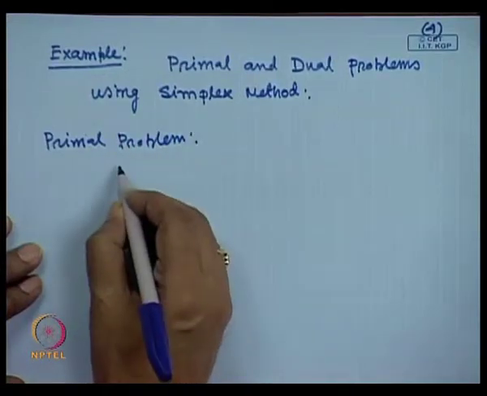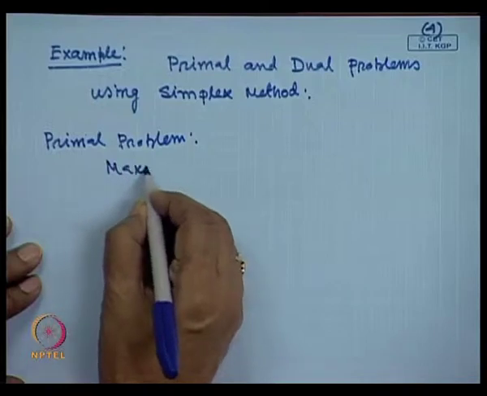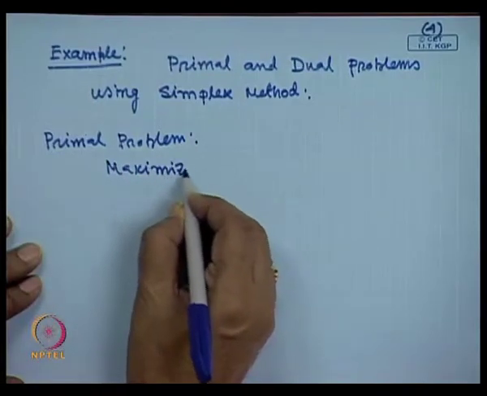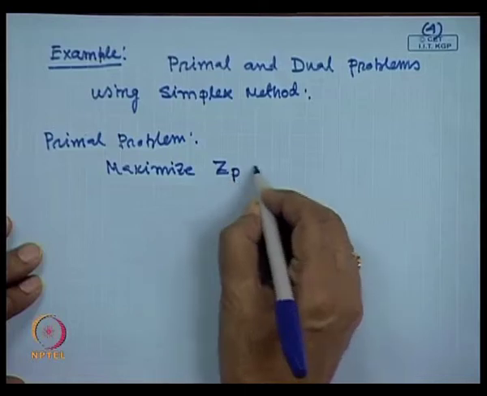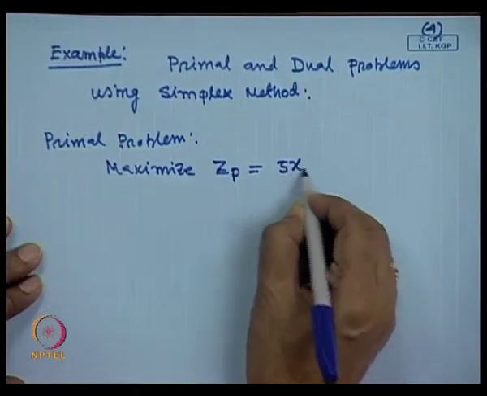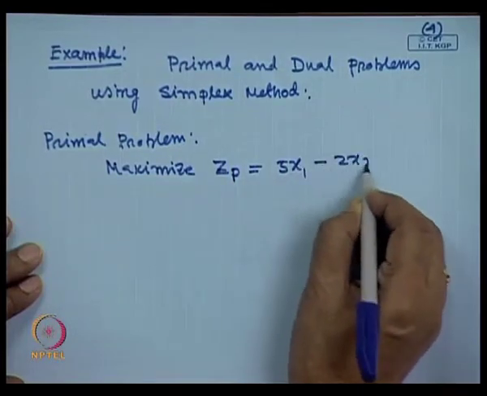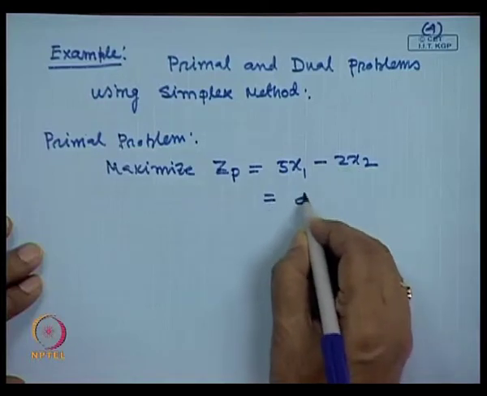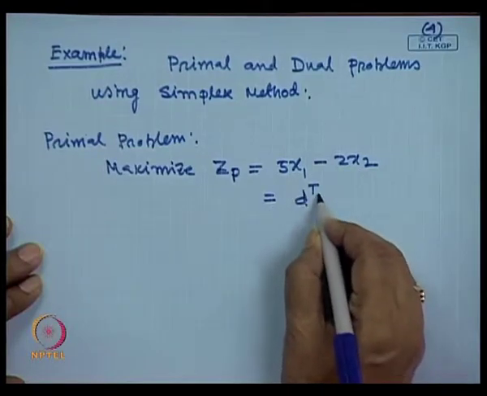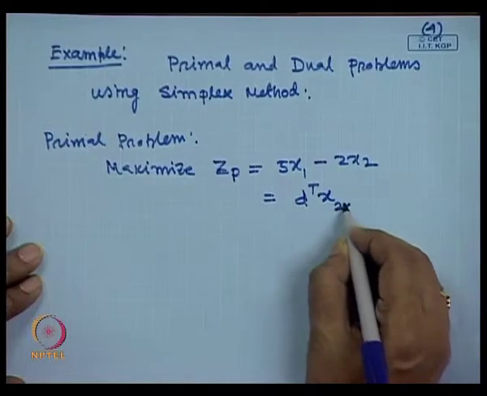So, what is the primal problem? Maximize ZP is equal to 5 x1 minus 2 x2, which I can write as d transpose x in the general structure. This is 2 cross 1.